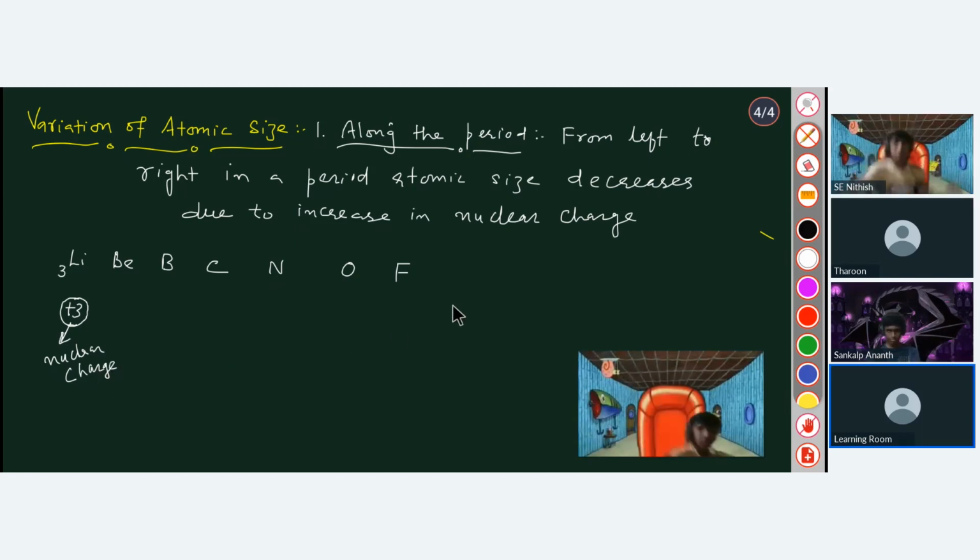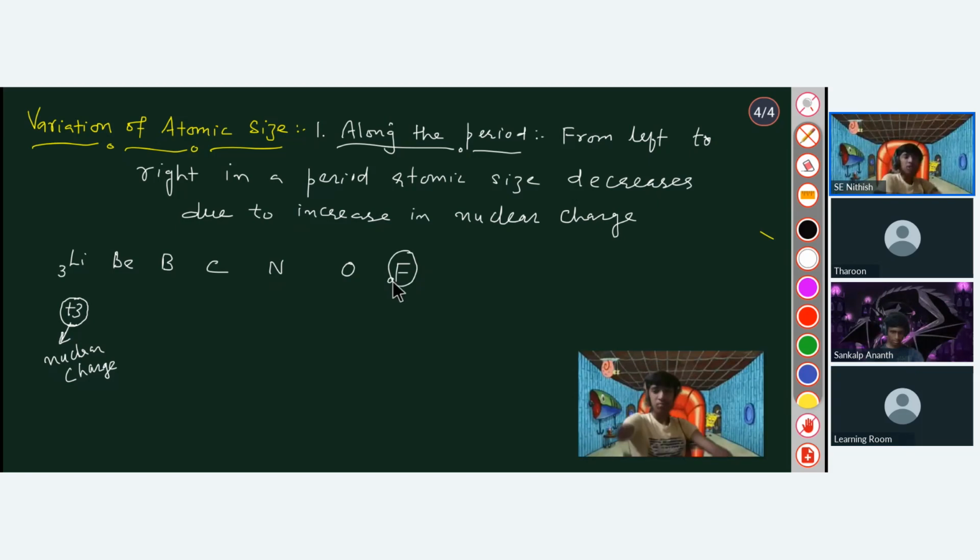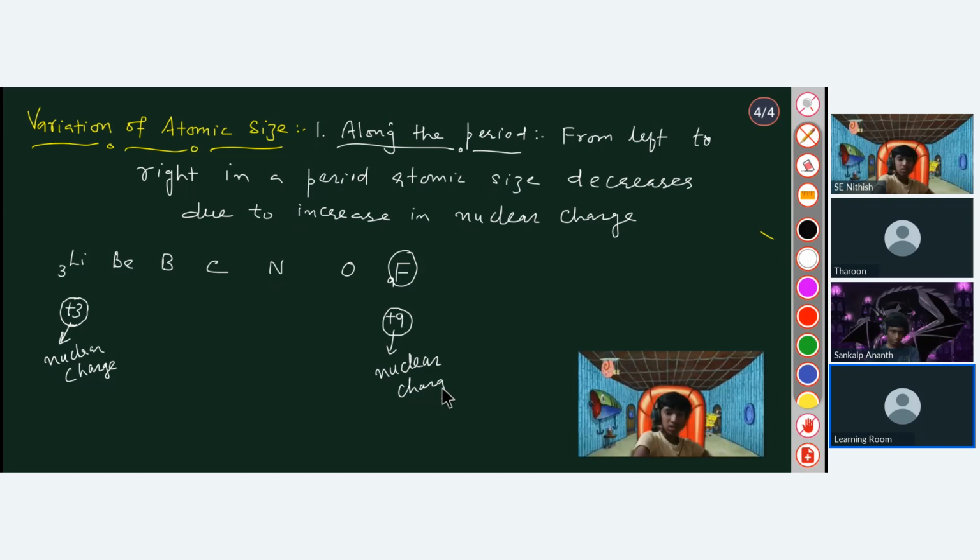Now, similarly here, in case of fluorine, what is the atomic number? It is 9. So therefore, there are total 9 protons, isn't it? So this is the nuclear charge here. So can you tell me what happens to the nuclear charge when you just move from left to right in a period?